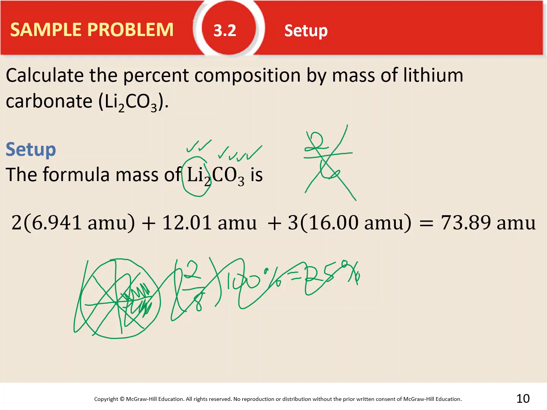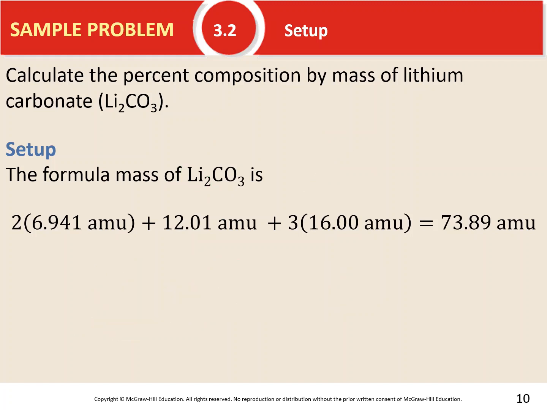We can't do that anymore, because in chemistry, what matters is mass. So what we actually have to do is find the mass of the entire thing, which is done here. So the mass of lithium carbonate is 73.89, found by taking the mass of 2 lithium, the mass of 1 carbon, and the mass of 3 oxygens, and adding them together.